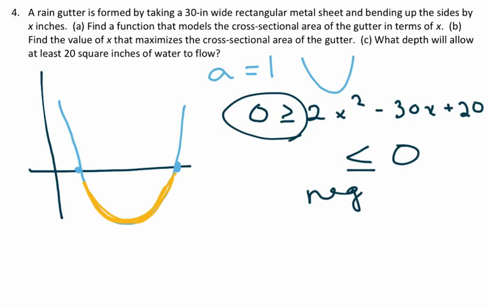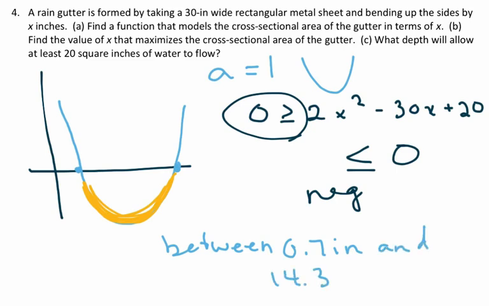So we need at least 20 square inches of water. We need it to be between that 0.7 inch and 14.3 inches that we found earlier in the problem. So that's the last problem on chapter 2, section 6.